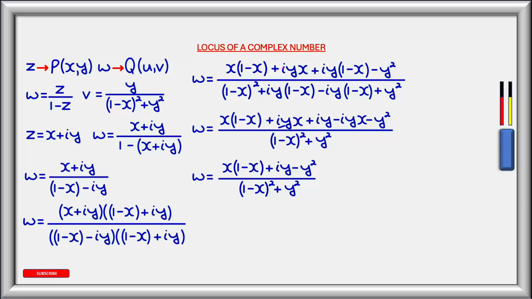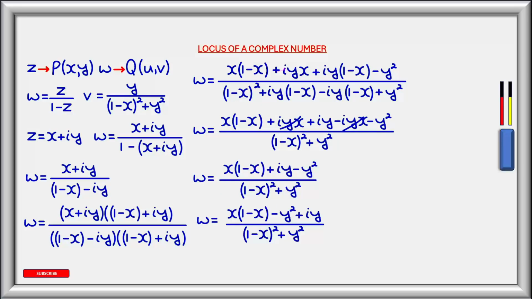And eliminating this term with this term, we're left with w is equal to x into the bracket of 1 minus x plus iy minus y squared divided by (1 minus x) all squared plus y squared.